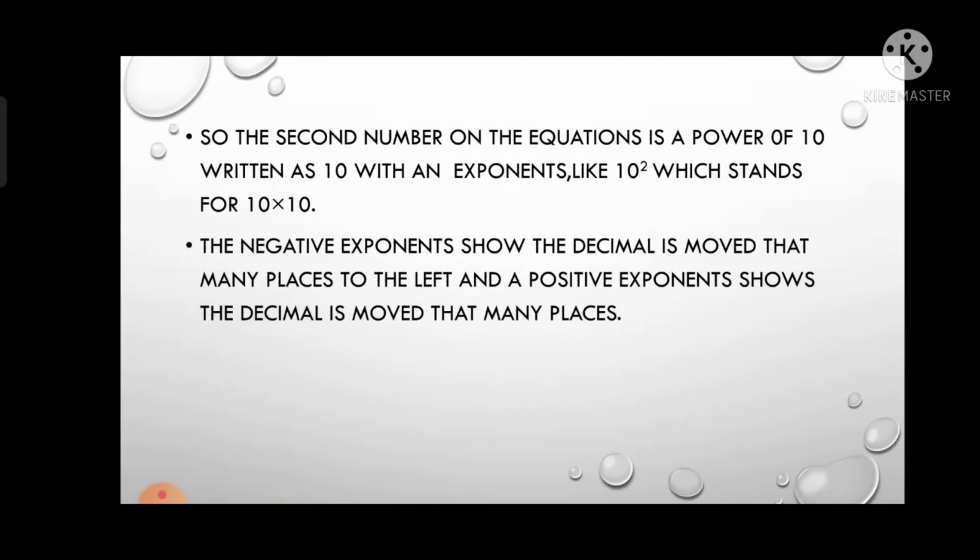The negative exponent shows the decimal is moved that many places to the left, and the positive exponent shows the decimal is moved that many places to the right. So, ang negative exponent is nagpakita nga you need to move to the left. Ang positive is move to the right. So, pag negative is move to the left.